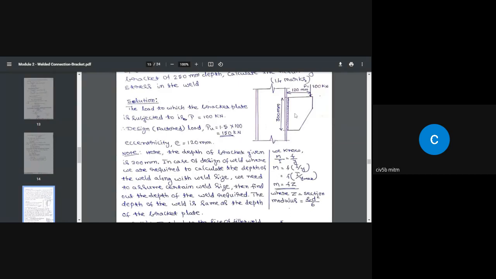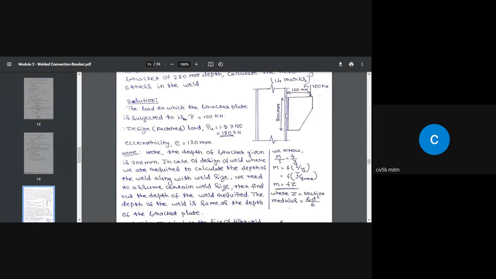In the type 1 connection, both F1 and F2 were shear stresses. In this case, one is shear stress and the other is normal stress. If you consider the bottom, it is compression. If you consider anything above the neutral axis, the weld is going to be subjected to tension. So we have tension and shear.